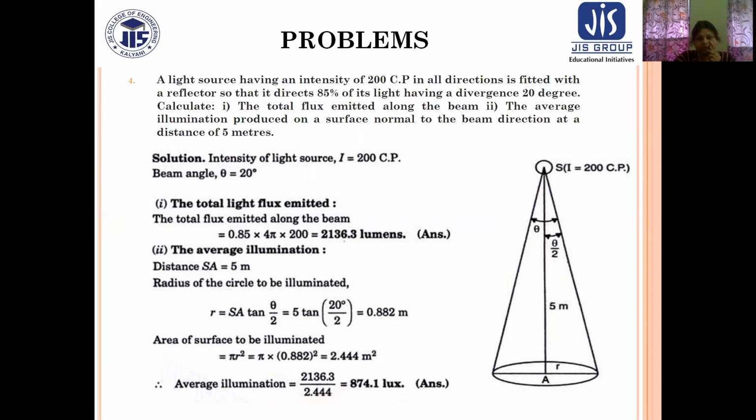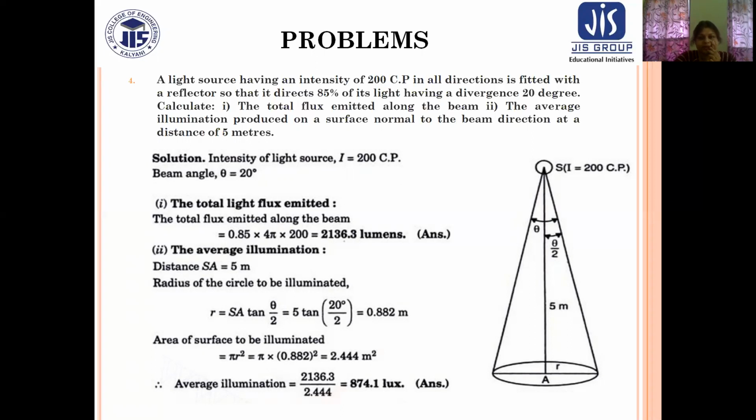So for question number 1, part 1, the total flux emitted along the beam is equal to 0.85 into 4 pi into 200. So 0.85, why?